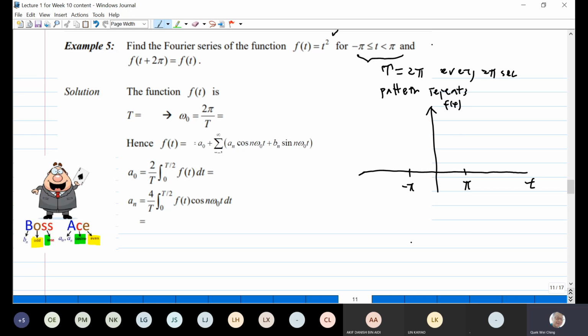When t equals 0, f(t) is 0 squared. When t equals pi, then f(t) equals pi squared. Let's say this is pi squared here. When t equals minus pi, you square it and you also get pi squared.